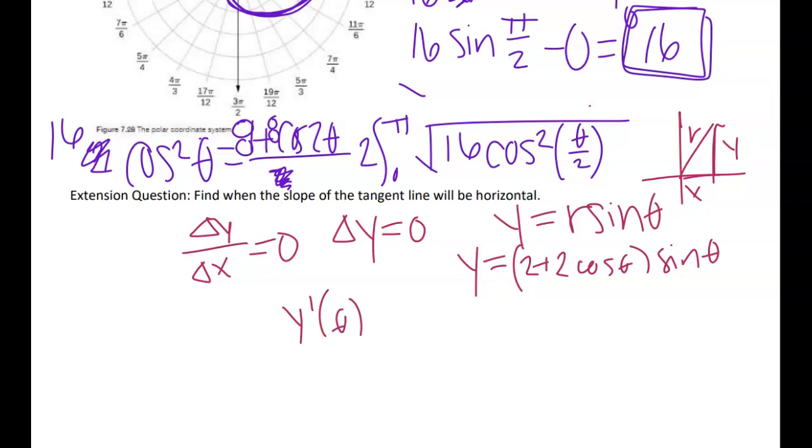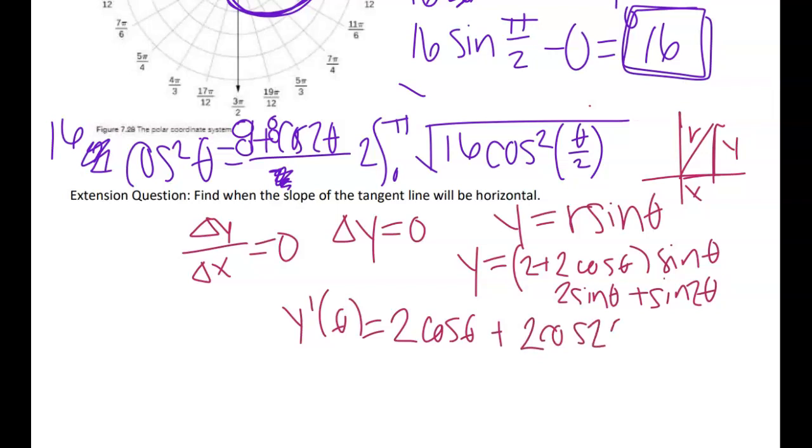This ends up giving me 2 cosine theta plus 2 sine cosine theta, which is sine of 2 theta. So that's where a double angle is really nice. So y prime is equal to 2 cosine theta plus 2 cosine 2 theta. And I want to know, when is that equal to 0?